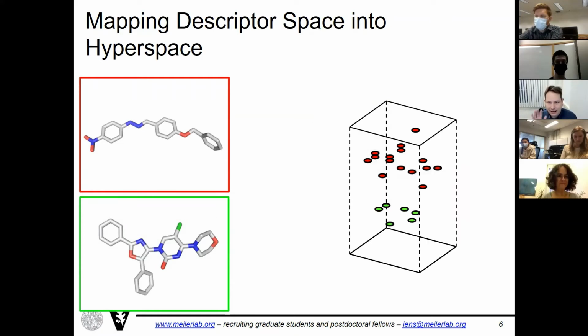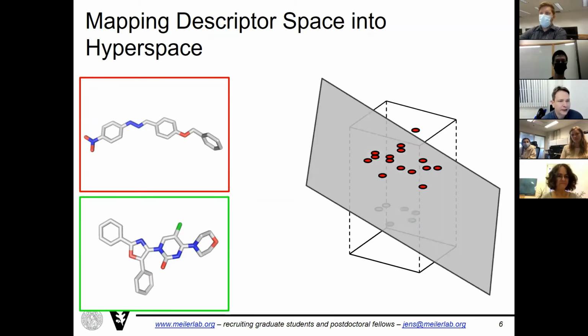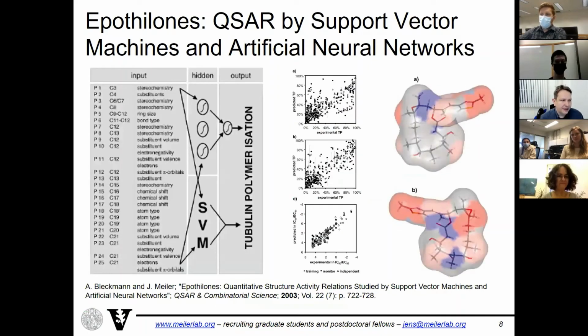And that's, in a very simplified way, what these shallow neural networks are doing. These days, everybody's doing deep and fancy and whatnot. At this time, this was all shallow. You project a set of input descriptors into a space where you can separate active from inactive with a linear operation, or you could predict activity with a linear correlation or something like that, right? And so that's basically what we did.